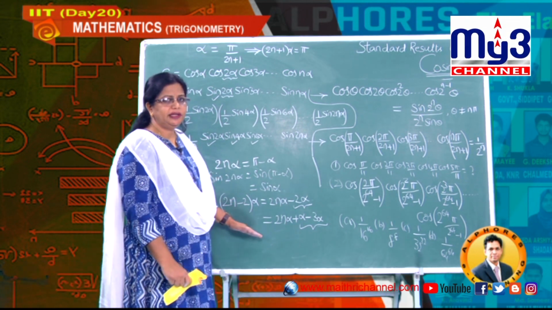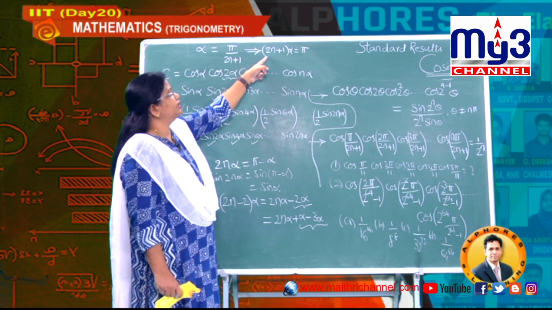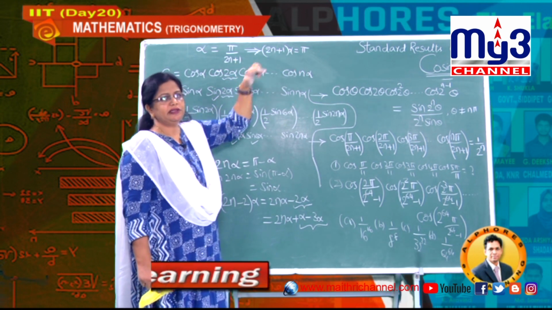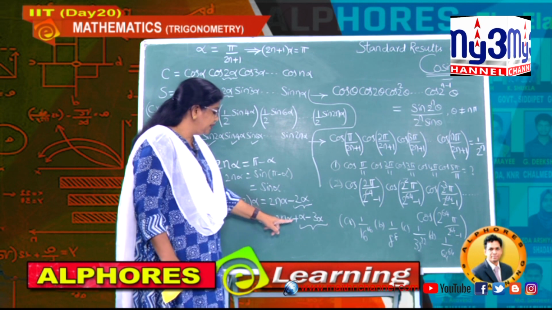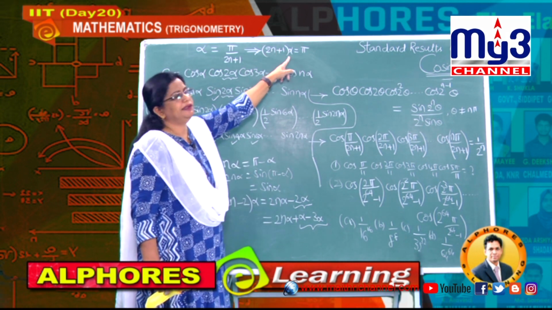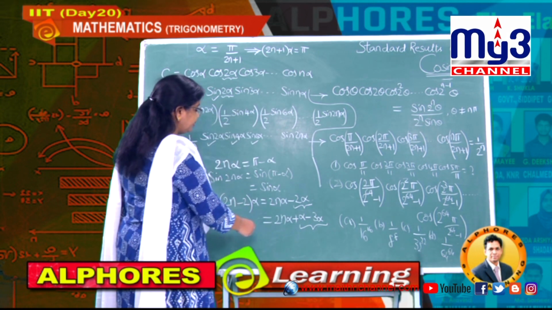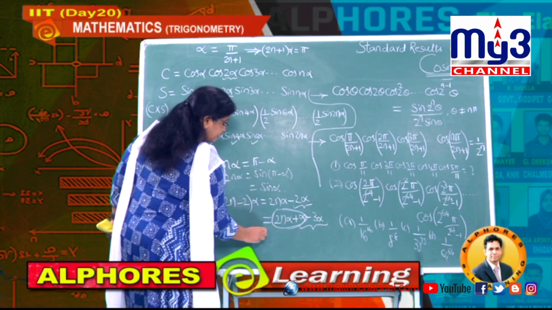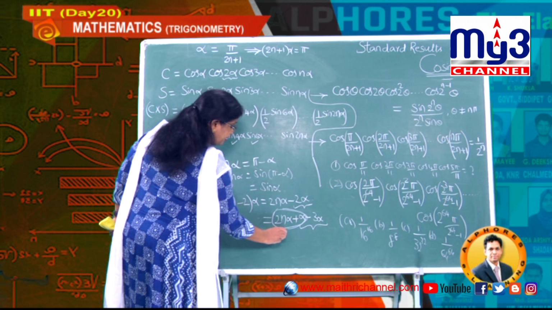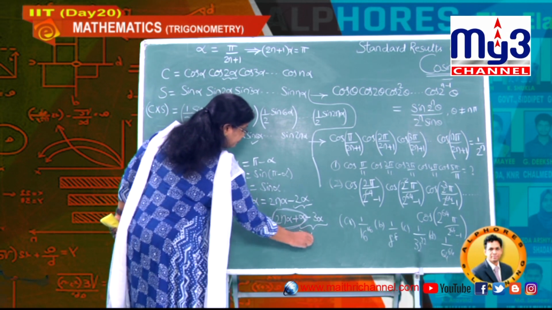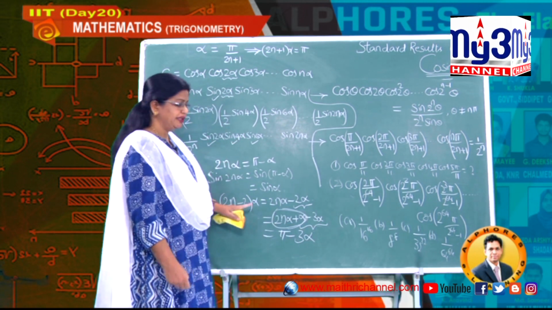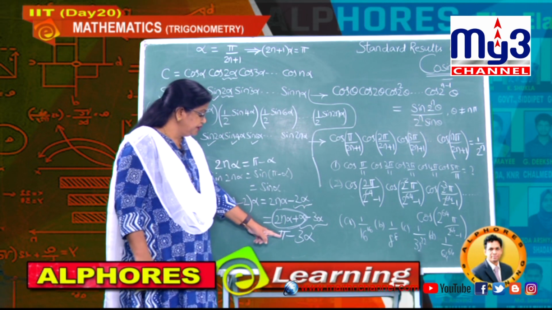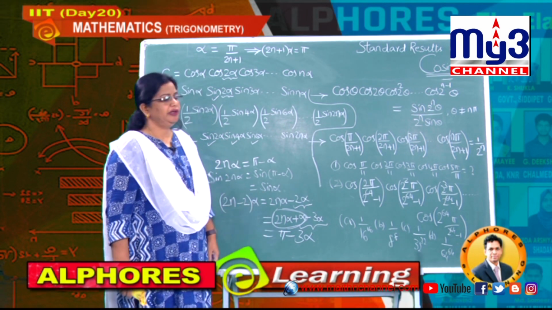What is the intention? I want to write the value as pi. So here 2n alpha plus alpha is nothing but pi. Therefore this entire value, let us write now, students: pi, so you got pi minus 3 alpha. Now you take the sine function, then it will become sine 3 alpha.